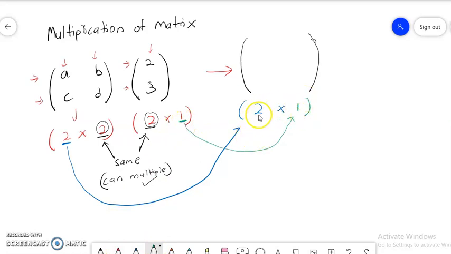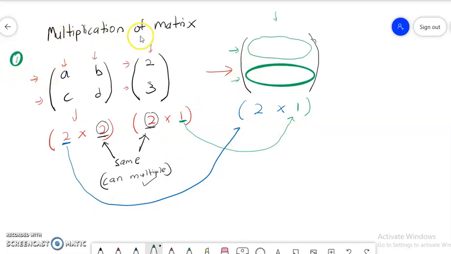It means that you are getting 2 rows and 1 column. It means you have one answer over here and another answer at this part. Got it? Alright, I'll be showing you another example of multiplication of matrix.